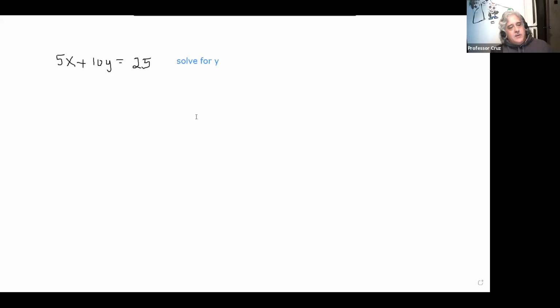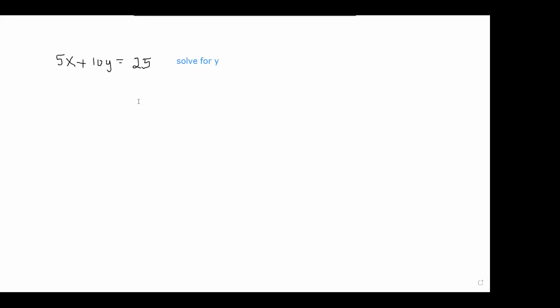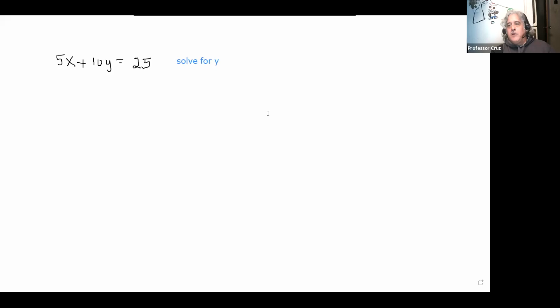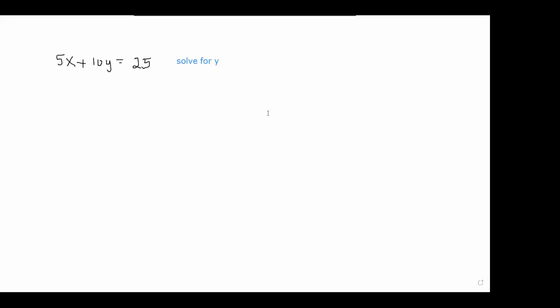So 5x plus 10y is equal to 25. Solve for y. You have to subtract 5x, right? Yeah, good, from both sides. So when writing it, it's going to be 10y equals, is it negative 5x, or do you write 25 first?